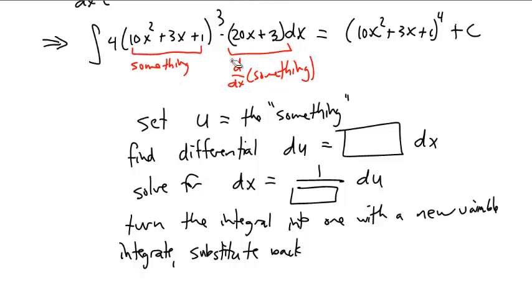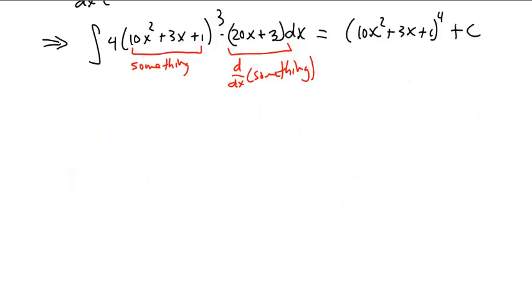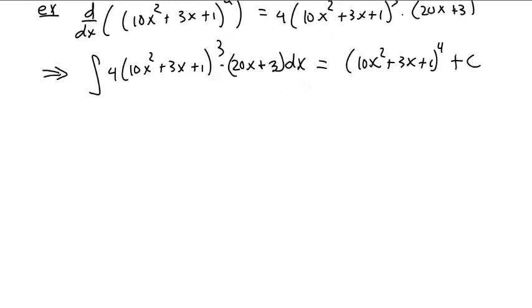Let's say you looked at this problem that we just put over there, and it didn't immediately jump out. You didn't immediately think, hey, I know whose derivative that is. So you look at this and you say, it looks like the something.